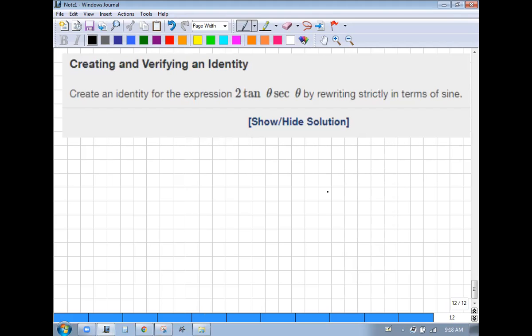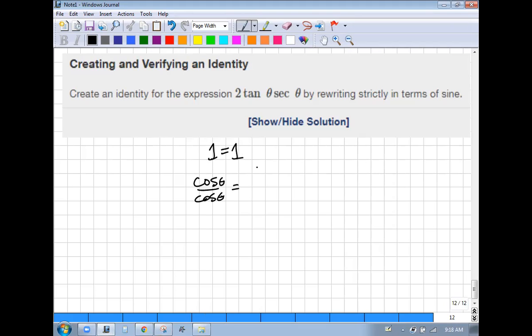Here they say create an identity. All right, so if I'm going to give you a math problem and say prove this identity, well, how do I come up with that problem, right? I might start off with, I know that 1 is 1, right? And let's say I'm going to rewrite 1 as cosine over cosine, right?